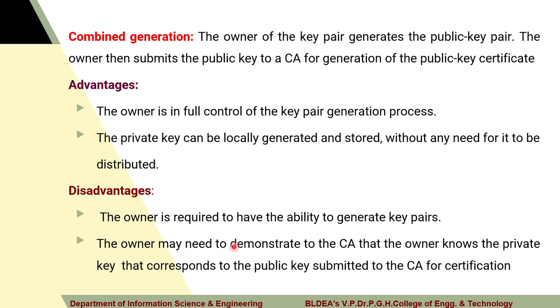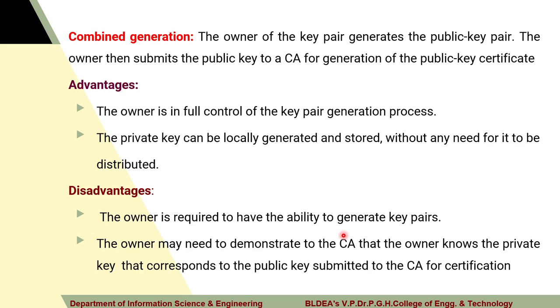The owner may need to demonstrate to the CA that the owner knows the private key that corresponds to the public key submitted to the CA for certification. The owner has to say, I generated the key by myself using complex operations, and yes, I know my public key and private key. This has to be proved to the CA also.